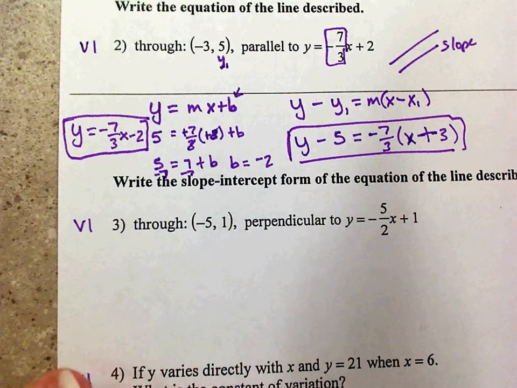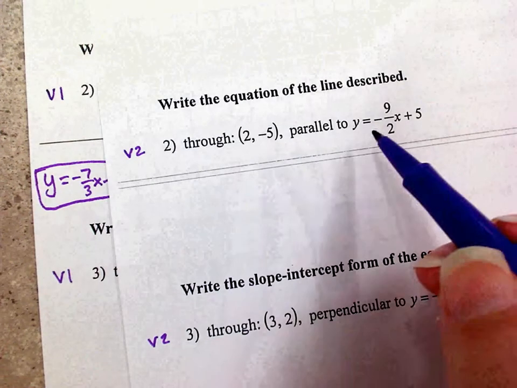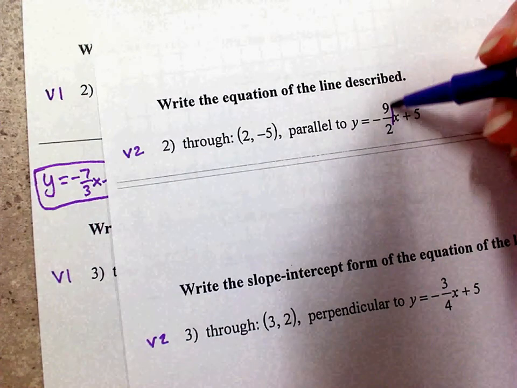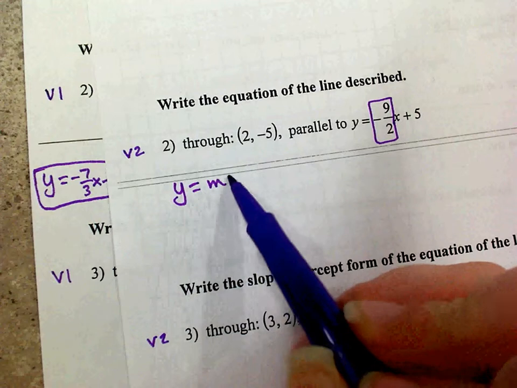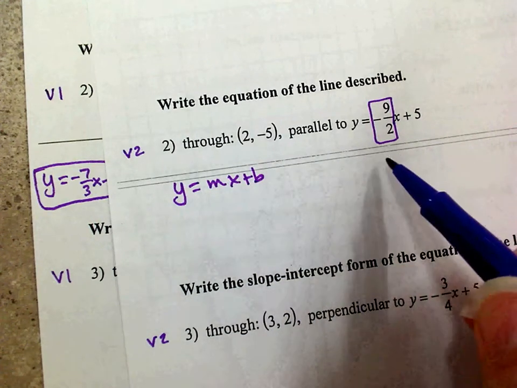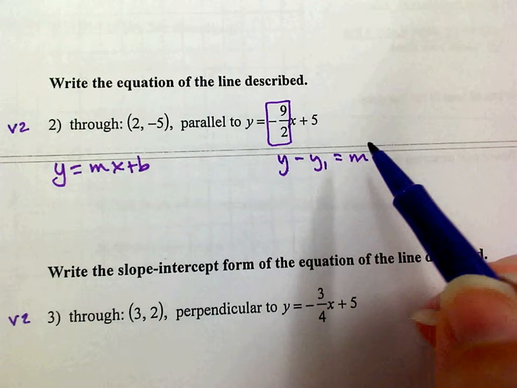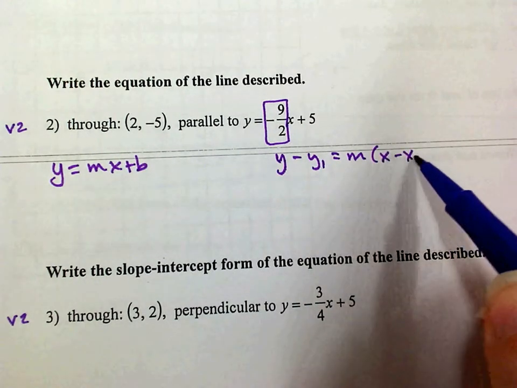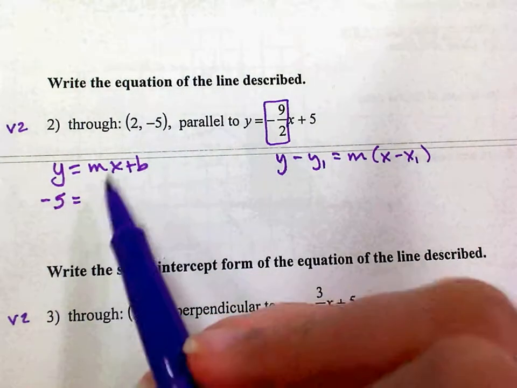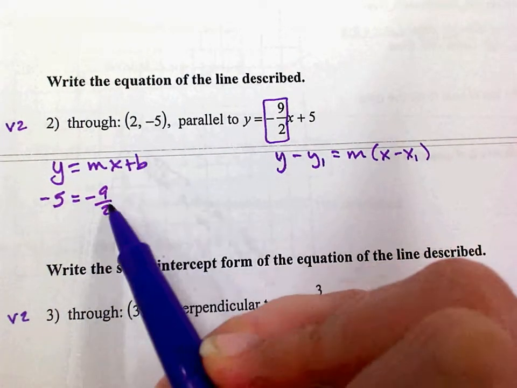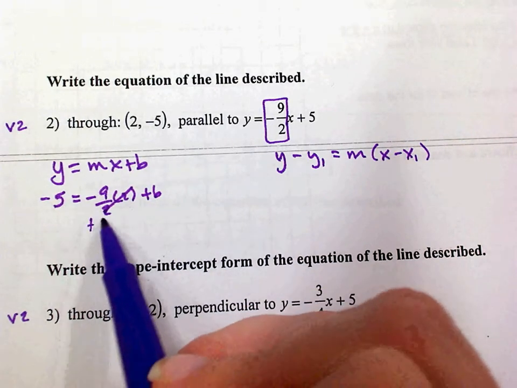Okay? In the other version, you have through this point and parallel to this, which means your slope is -9/2. Okay? So y equals mx plus b, or y minus y1 equals m times x minus x1. So y is -5, m is -9/2, x is 2, and then b. 2's cancel out, and then I'm going to add 9.